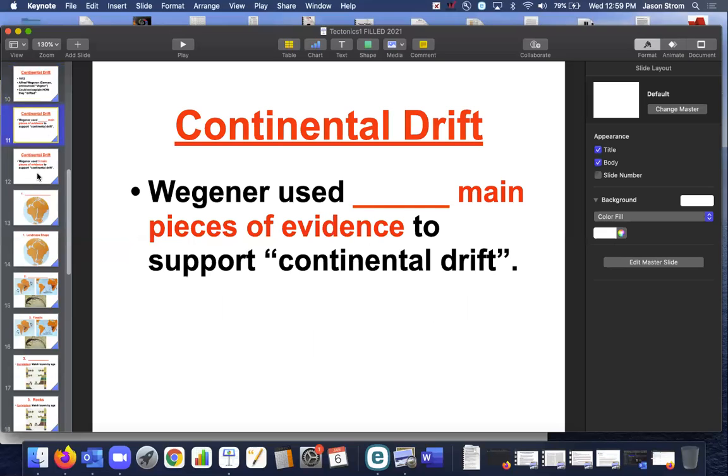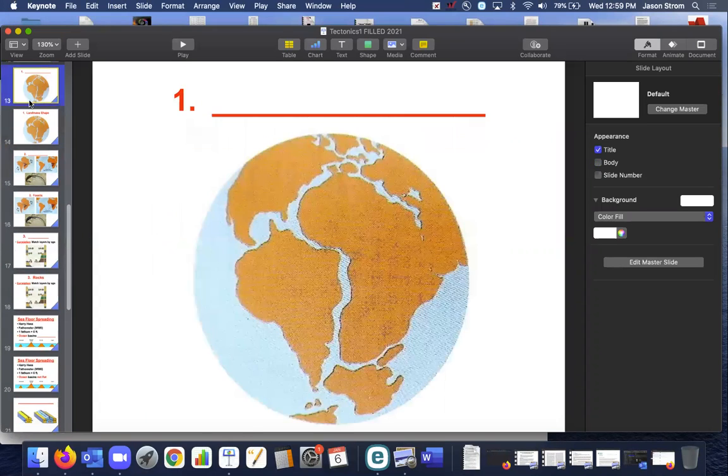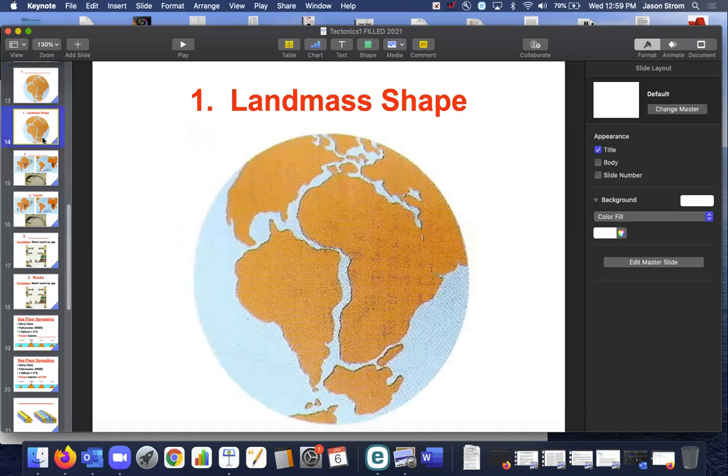And Wegener used three main pieces of evidence to offer up support for his theory of continental drift. The first is just the landmass shape. So just the shape of the continents, which I've also heard described as the continental puzzle, which kind of makes sense.